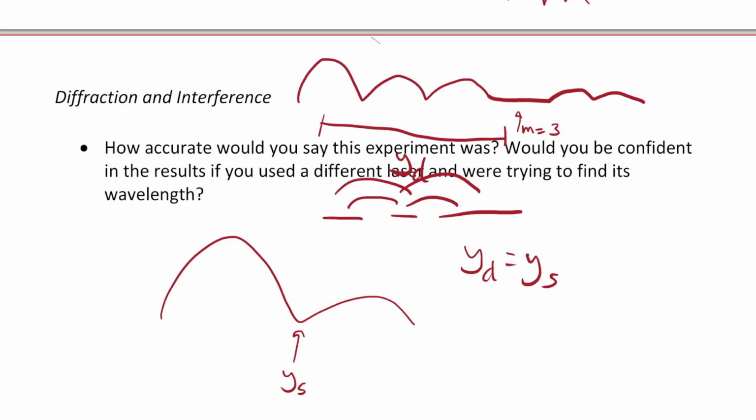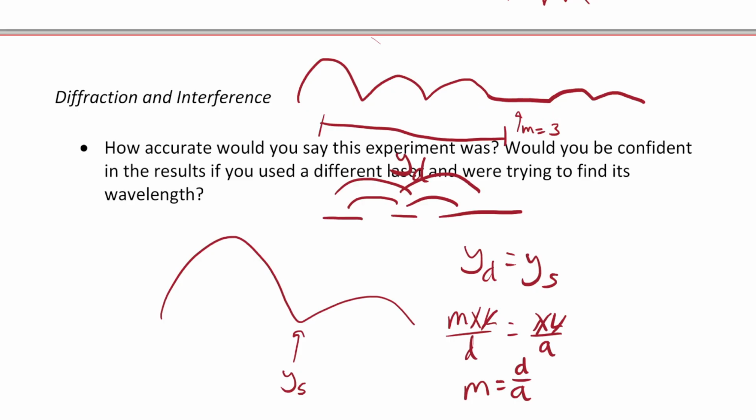And so if we set the two equations equal to each other, y_d would be m lambda L over D, and then y_s would just be lambda L over A. Then the lambda L's cancel, and we see that when m is equal to D over A, we see this gap.